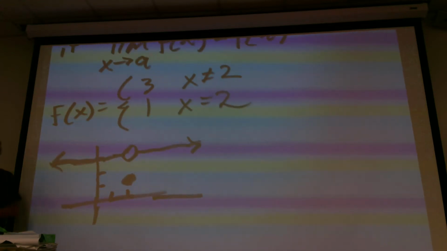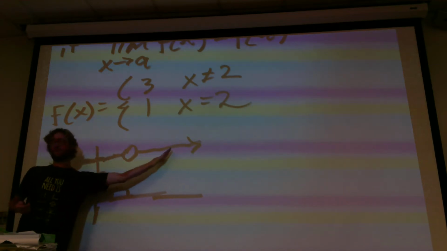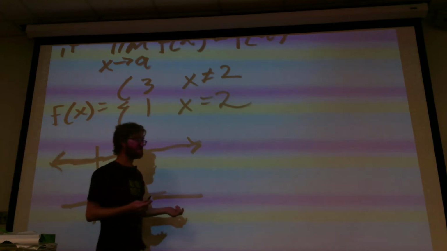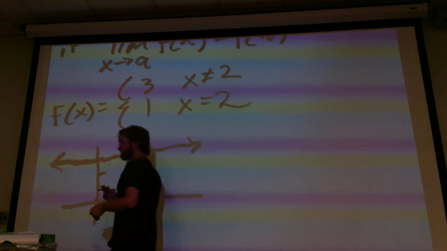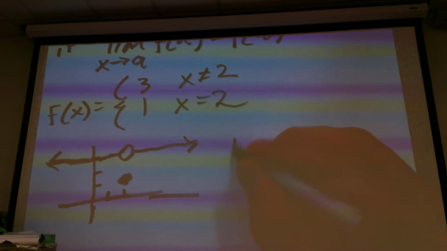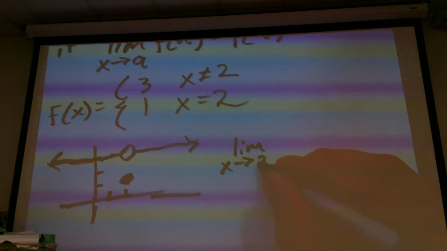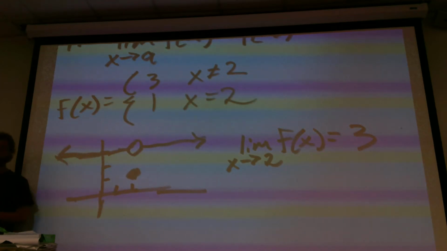Okay. Now the limit for this problem exists. Okay? If I approach from the left, it looks like I'm going towards 3. If I approach from the right, yeah, it's going to 3. So the limit itself exists. Okay? So the limit as x tends towards 2 of f of x equals 3. Okay?